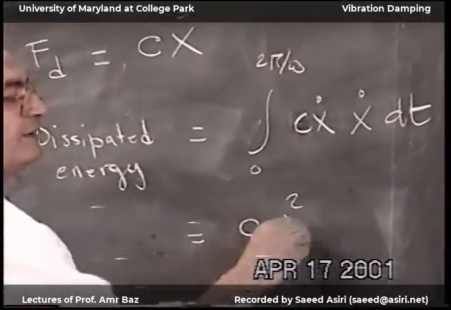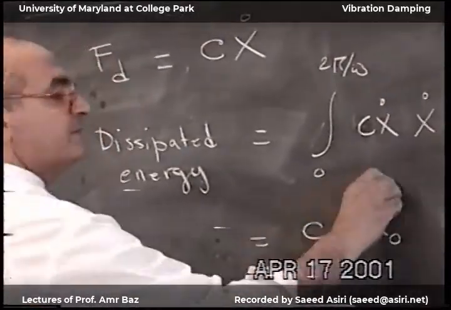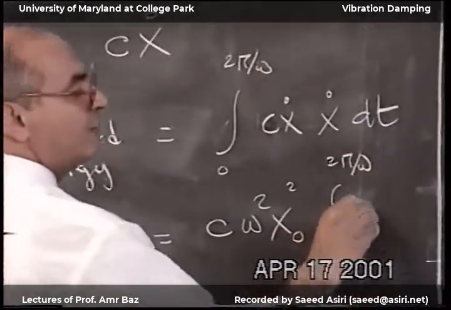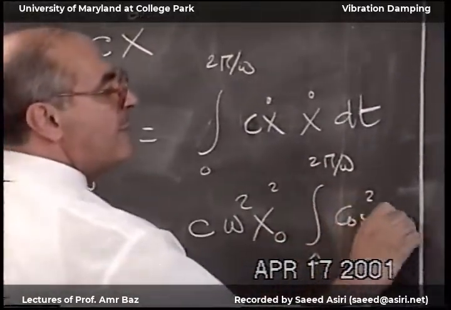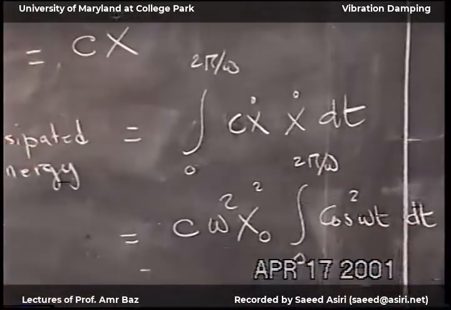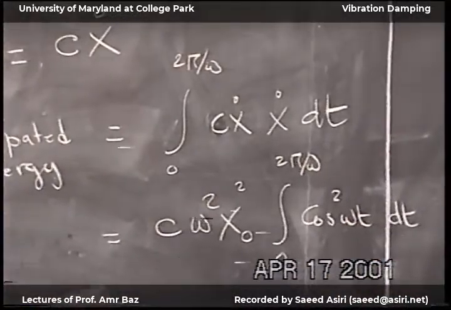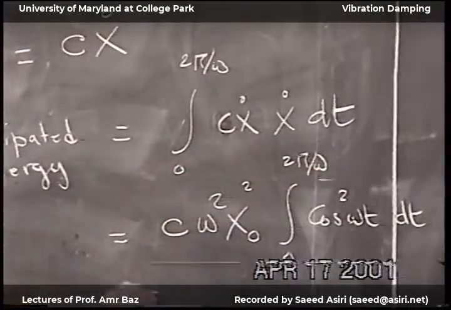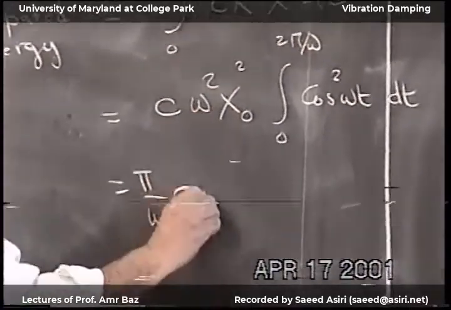We have omega squared x0 squared, integral of cosine squared omega t dt. So this will equal the limit over 2.